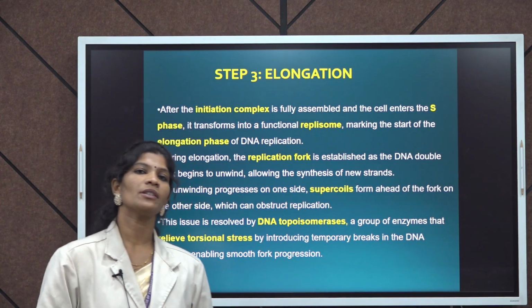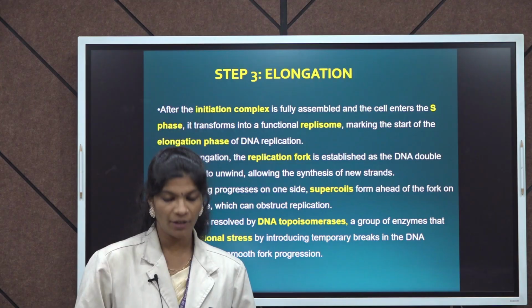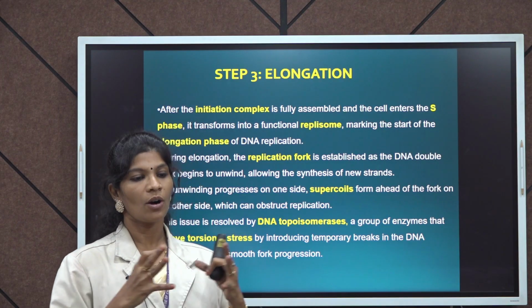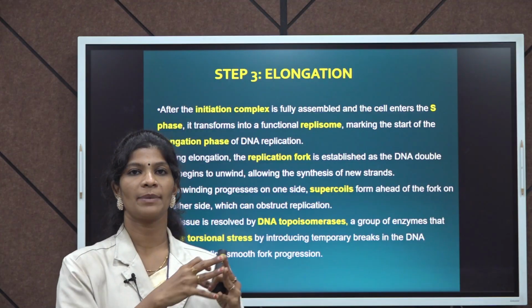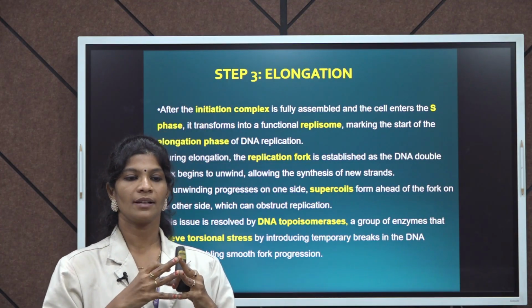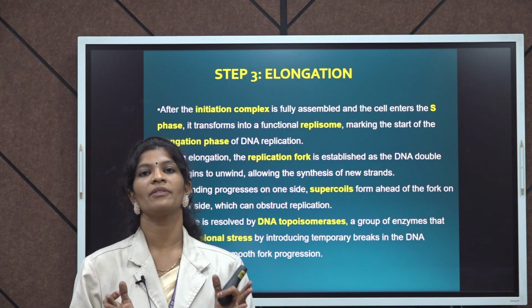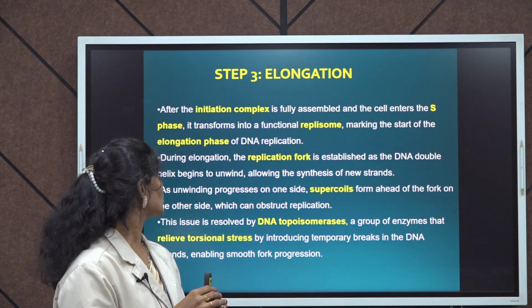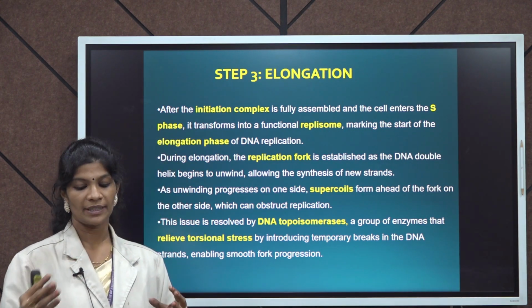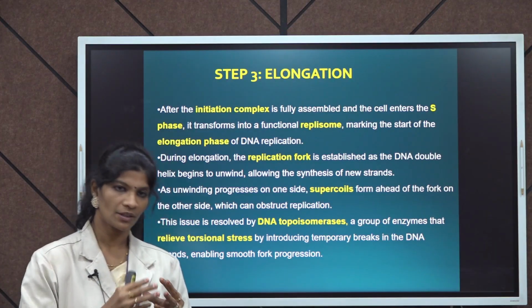It is very similar to the prokaryote. In the elongation process, all the enzyme and protein complexes which we discussed before will help to maintain the formation of the replication fork, and DNA polymerase enzyme will help in the addition of new nucleotides to the growing strand.